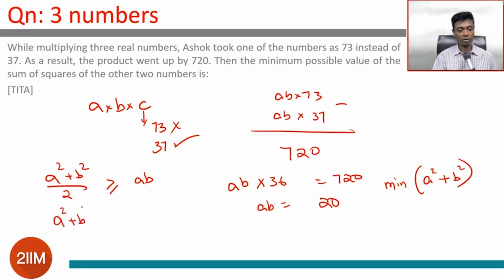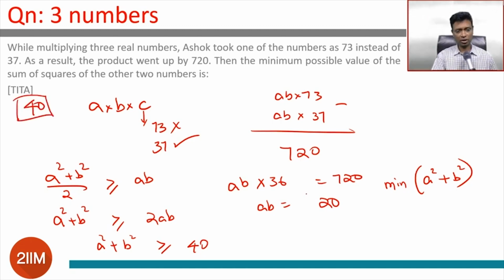A square plus B square is greater than or equal to 2AB, or A square plus B square is greater than or equal to 40. The minimum possible value of the sum of the squares is 40. This is because A minus B whole square is greater than or equal to 0.